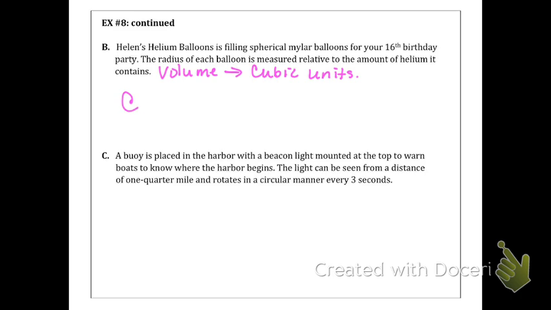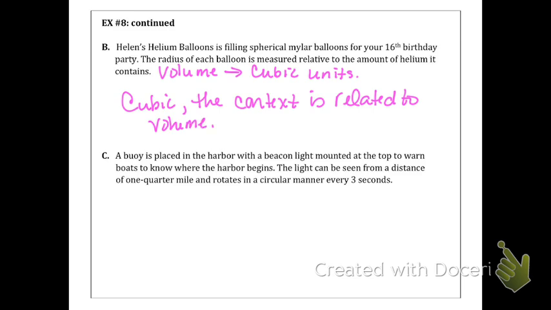So therefore, this is cubic. Okay, the context is related to volume. So if it's related to volume, you know it's going to be cubic.